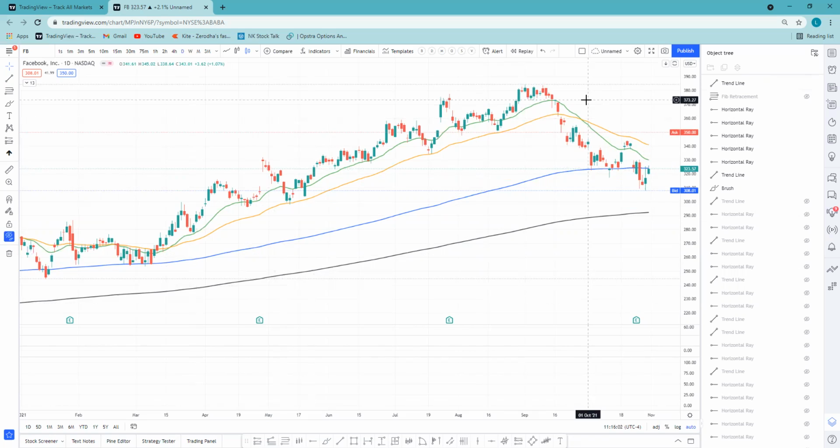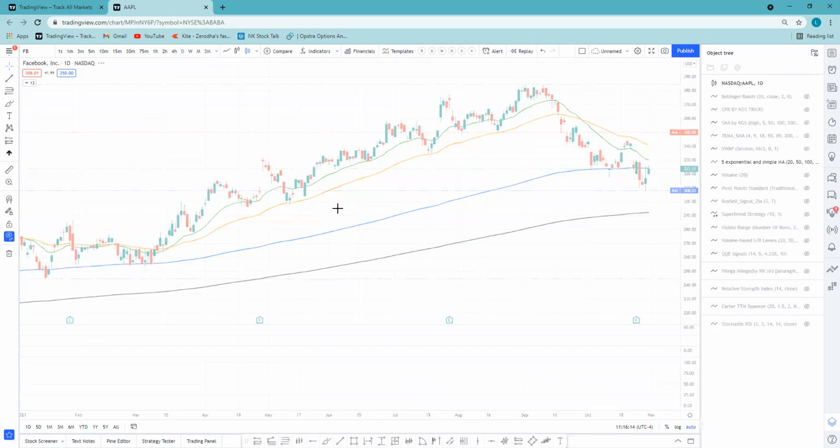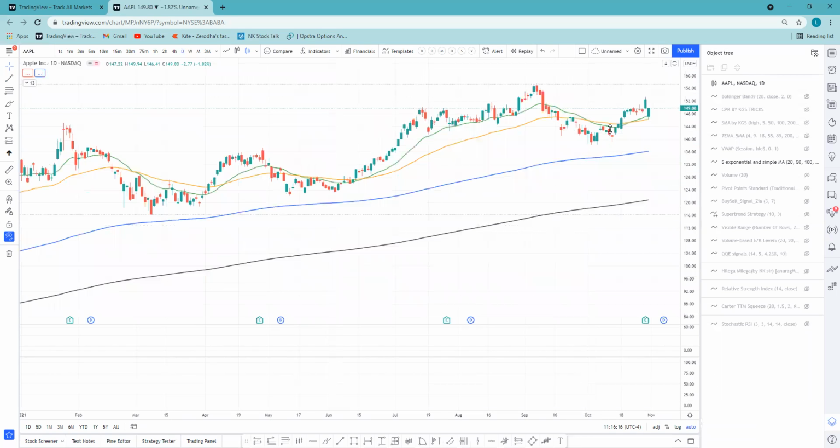Doesn't matter. So how do we identify that this stock follows the 20 and this stock follows the 50? Whatever stock you are following, let's say for an example, Apple. Each stock will act differently on different price levels. See here, this doesn't respect the 50 and 20.